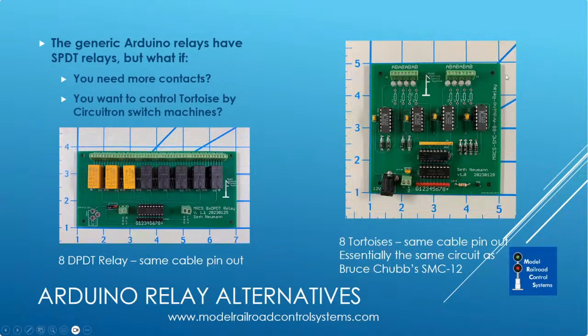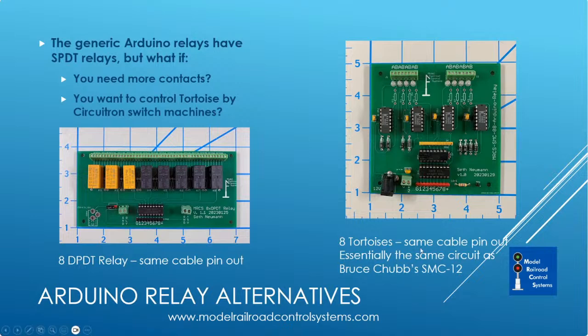Of course, as soon as we got to controlling switch motors, stall motors are very popular, Tortoise and Hankscraft in particular. So what I did here is build a 5-volt input circuit to make this compatible with an Arduino relay, and used the same wiring pattern as an 8-position Arduino relay, and took Dr. Chubb's SMC12, which is kind of the standard Tortoise driver in the CMRI world, and made an 8-position version of it.